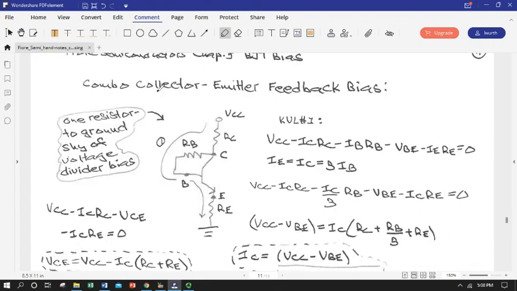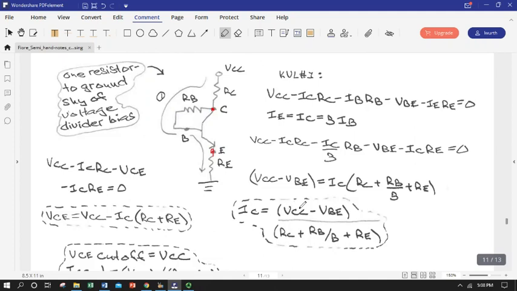You can do both the collector emitter feedback bias voltage, or biasing, excuse me. So this is an example of how that would work. I won't step through all of the KVL loops because they're very similar to what you just did, but basically use the same techniques of solving for our V sub C and E in terms of each other, writing your KVL loops like I've done, and you can get expressions for collector current again in terms of all of your resistors and your beta.